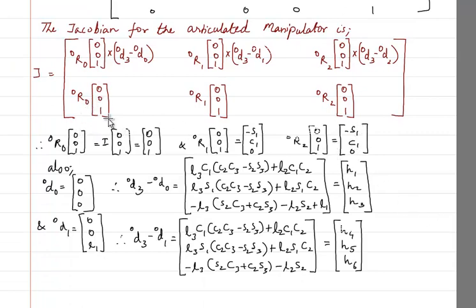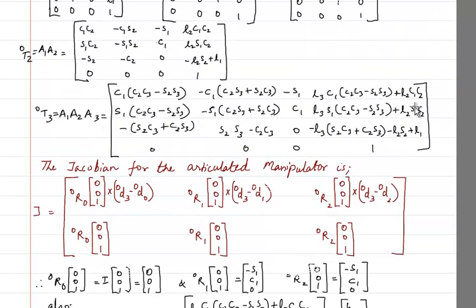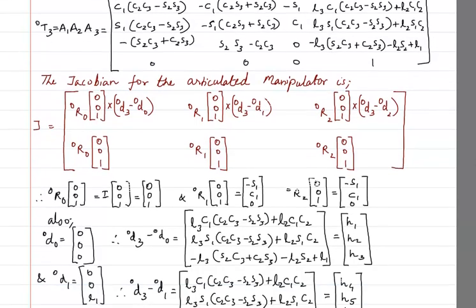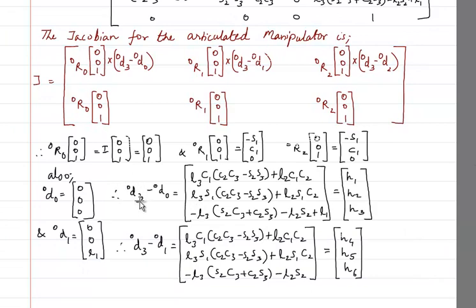So now we are done with the rotation part. What we have to do now is the position part. 0D0 is 000 always, so that is not an issue. 0D3 is obtained by looking at 0T3. In 0T3, the three rows of the last column will be my 0D3.